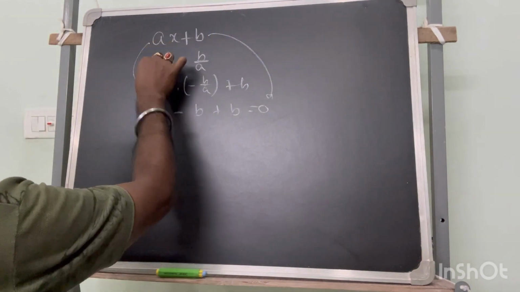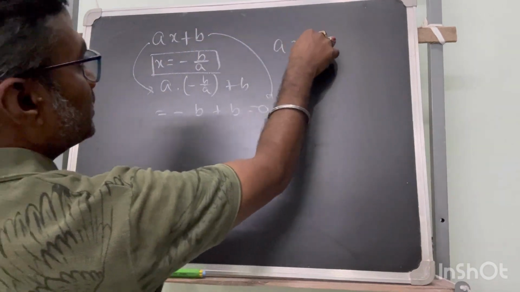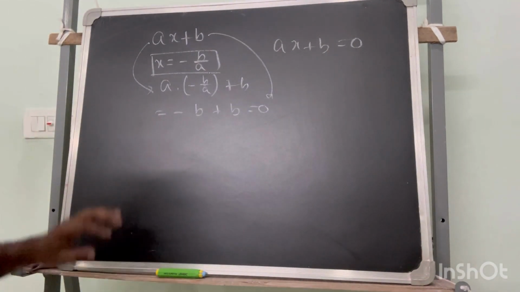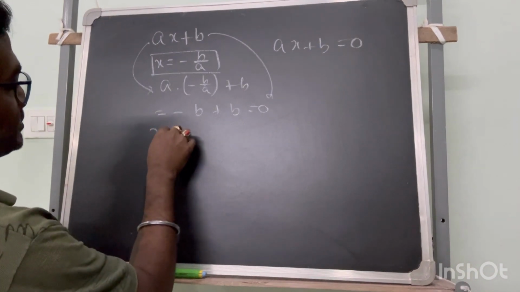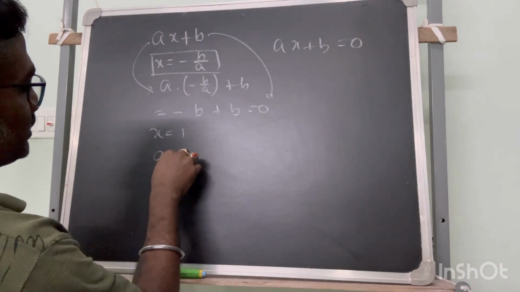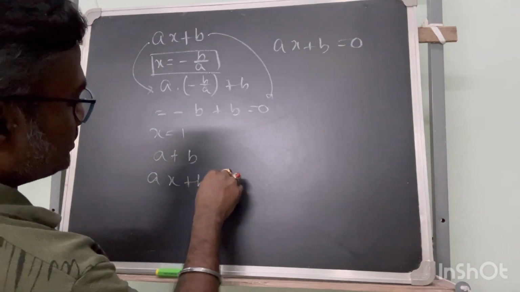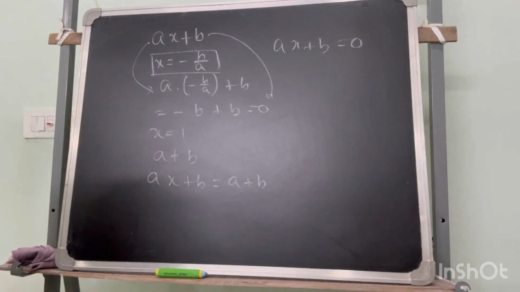Then I can say ax plus b equal to 0 is an equation. But people may say, why not put x equal to 1, then I get a plus b. That could also be a representation of an equation.